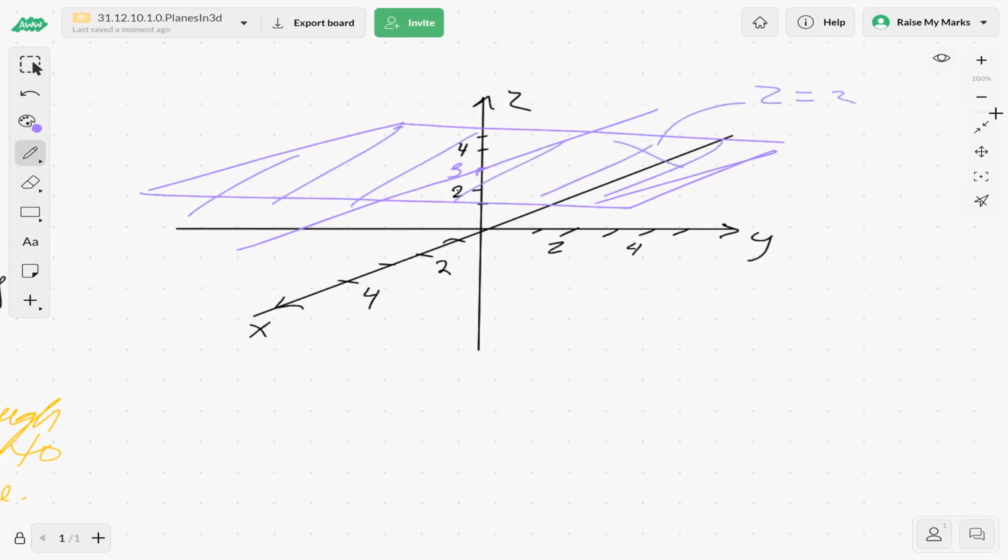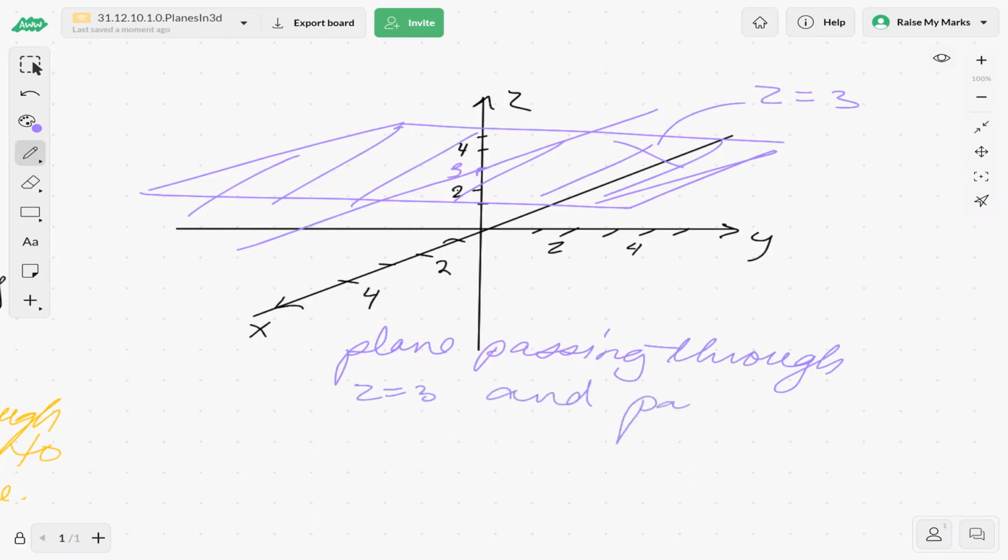Z equals 3 is a plane passing through z equals 3 and parallel to, do you know which plane? To the xy plane.